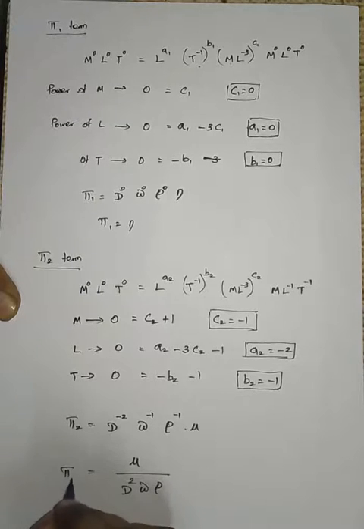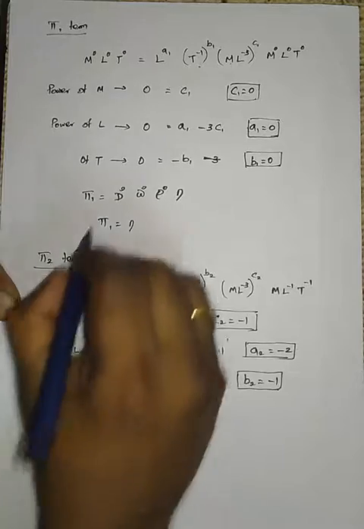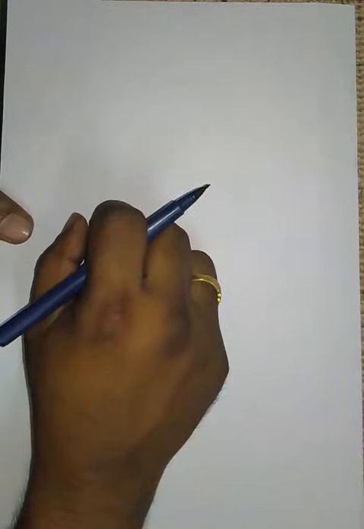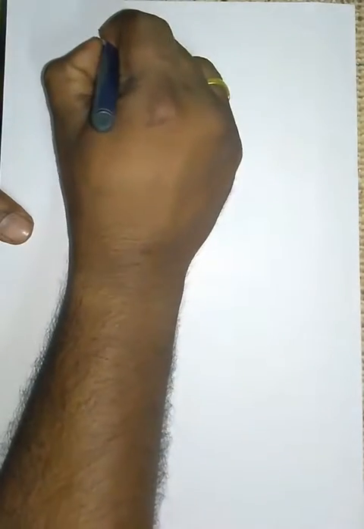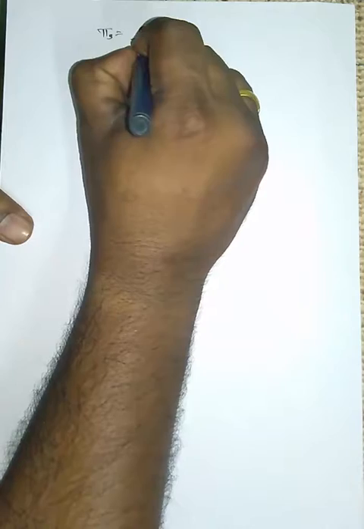So this is the pi 2 term, and this is the pi 1 term. In the same way, you can find out the pi 3 term. The pi 3 term will be q divided by d squared omega.